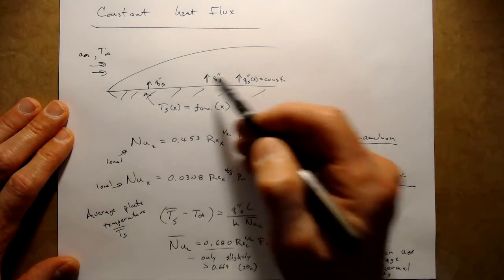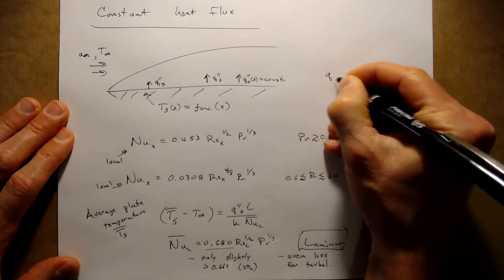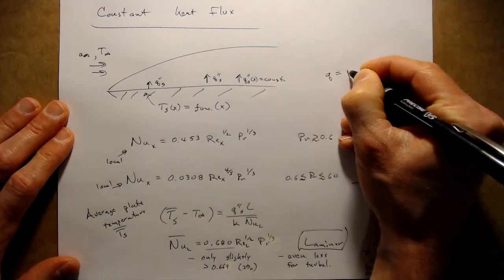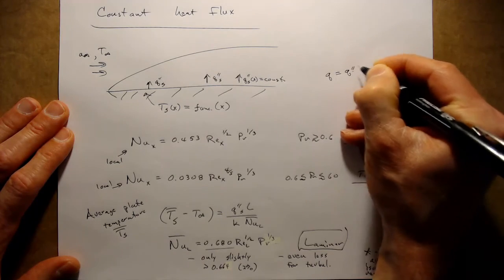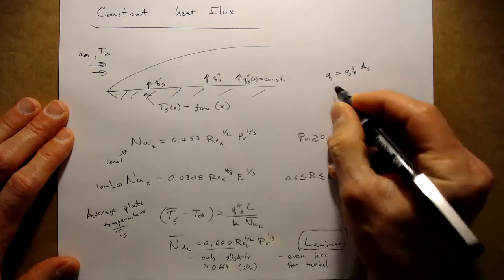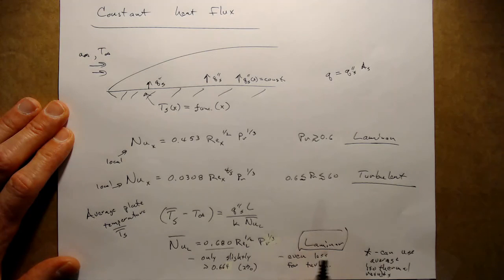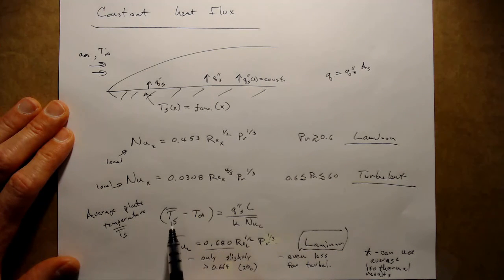And likewise, we can talk about an average Nusselt number, and now we're not really interested in determining the total heat rate. The heat rate will just be the heat flux times the surface area that we're interested in. But we may be interested in defining an average surface temperature, which we can define relative to the heat flux and the Nusselt number.